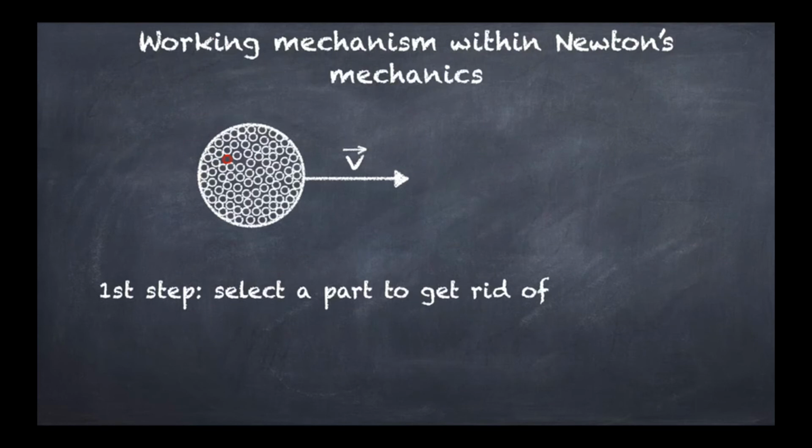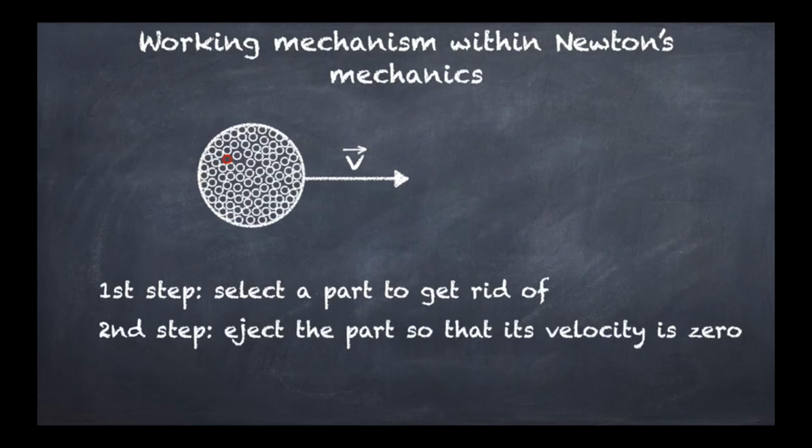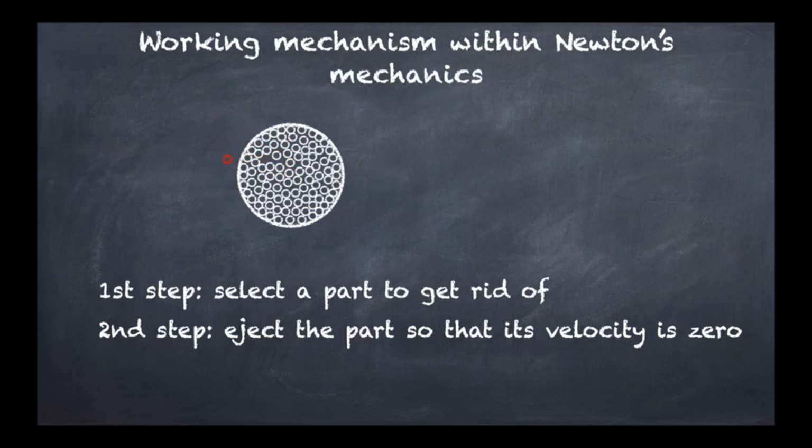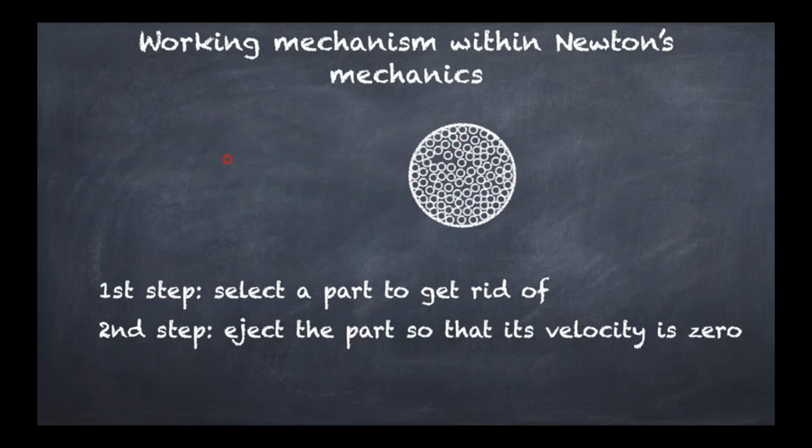Once this is done, you then need to eject the part so that its velocity is 0. So the way it would work is that you would have some form of interaction, and then the main object will move forward while the detachable part is going to be left behind at 0 velocity.